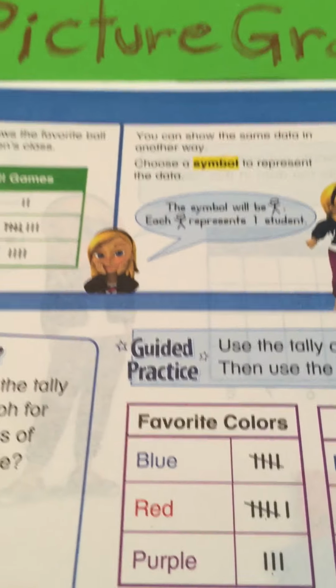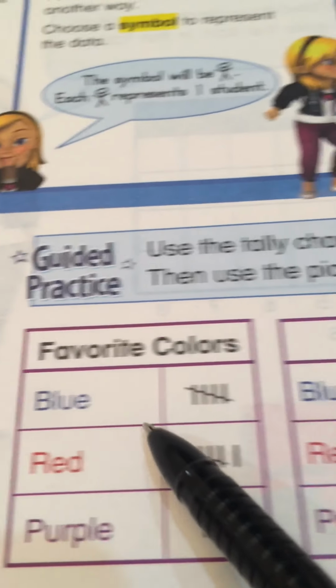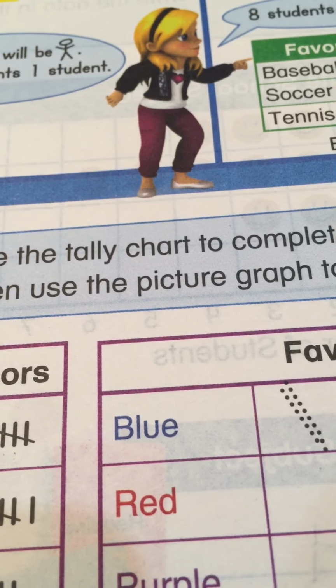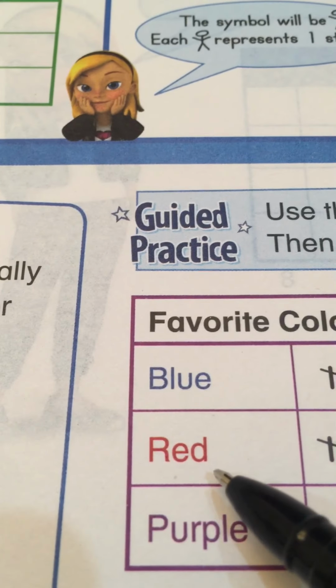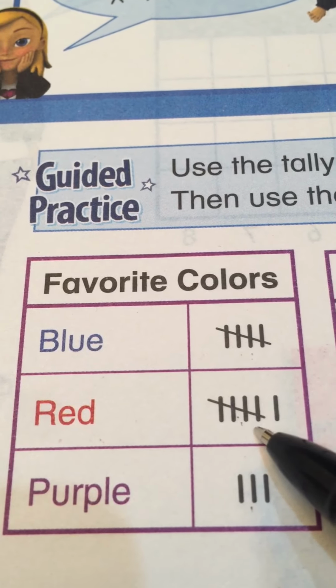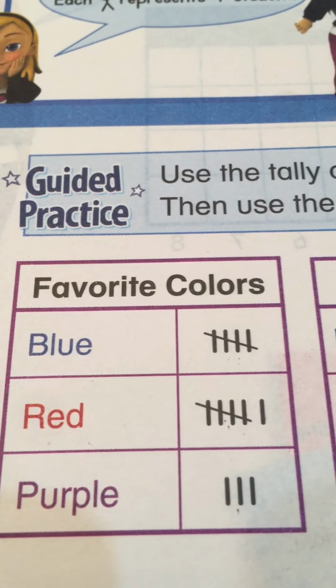So for one student or one vote, we're going to use one pencil. Here they already did the blue for us. The blue has 5 tally marks, then they put 1, 2, 3, 4, 5 pencils. So let's finish it and do the red. How many red here? We have 5 and 1. That means 6 tally marks for red.